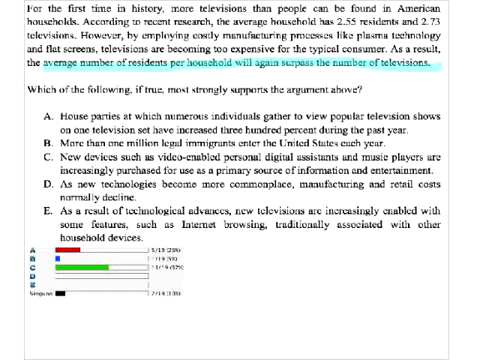We just need additional evidence. And notice that unlike weakening, when you support, you don't have to support the current line of argument. All you have to do is just support the conclusion. So we need more evidence that either A, residents per household will go up, or B, the number of televisions will go down.